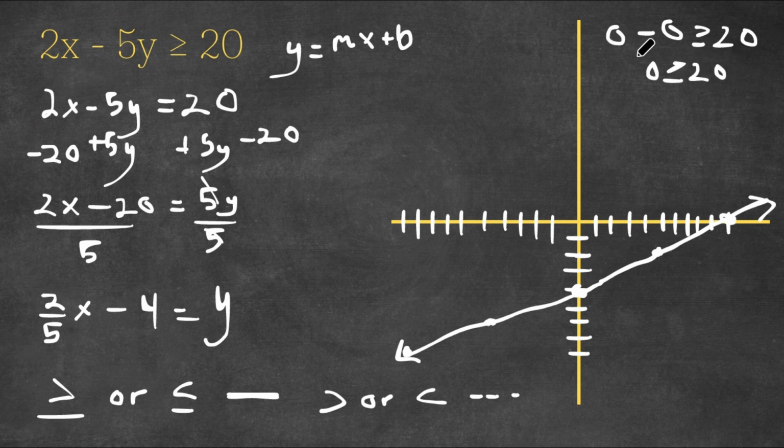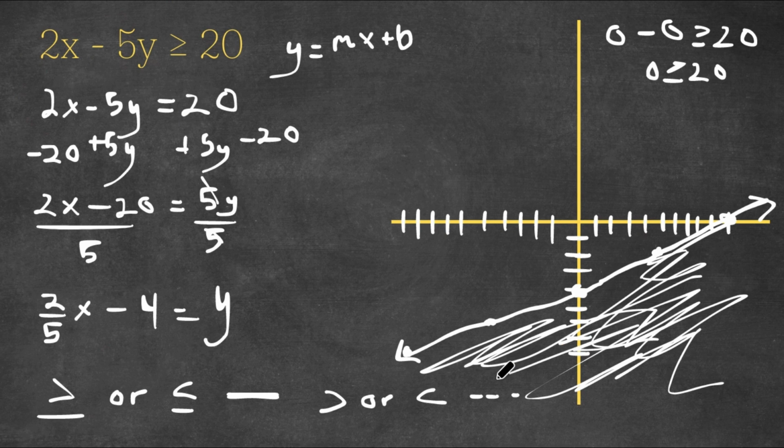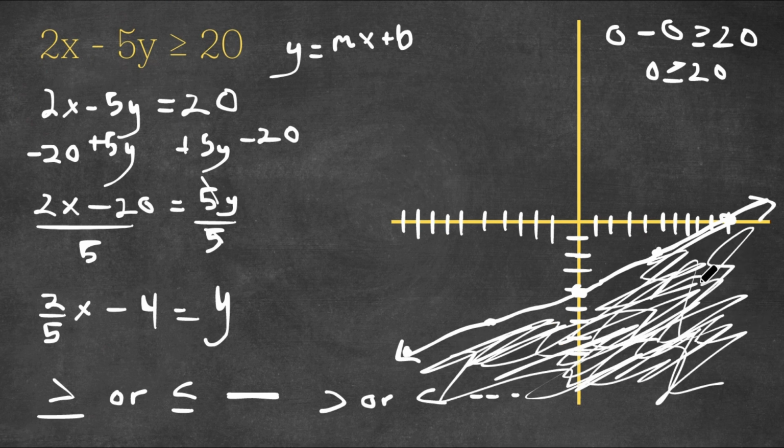And this is false, meaning this side is actually going to be shaded, not the side with 0, 0. So this is how you graph 2x minus 5y is greater than or equal to 20.